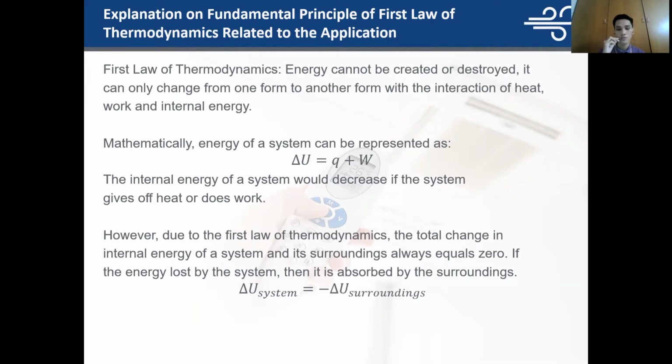If energy is lost by the system, it means that it is absorbed by the surrounding. For example, if the energy of the system increases, it means that the additional energy is absorbed from the surrounding. Basically, the energy of the system and surrounding is conserved.